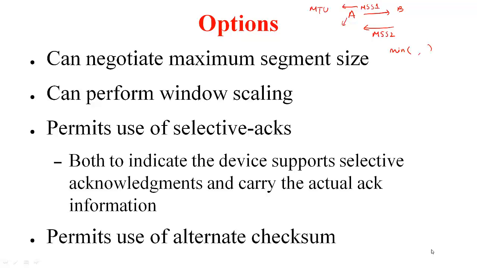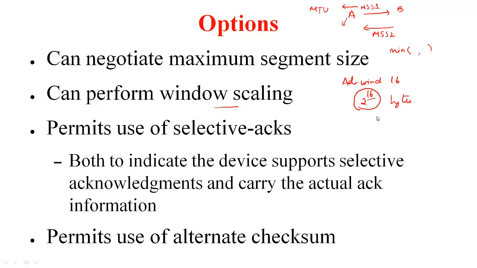Options fields can also be used to perform what is called window scaling. So this is part of flow control. If you see the advertised window field, this is 16 bits, which means the receiver can tell its buffer size, and because you are using only 16 bits, the maximum buffer size that can be accommodated is 2 to the power of 16 bytes.